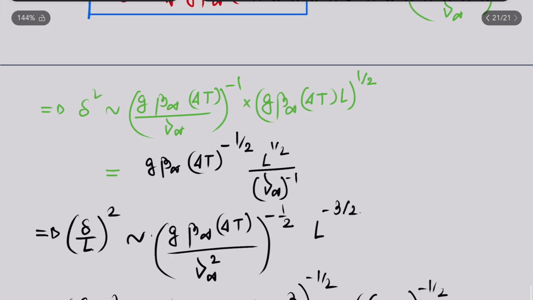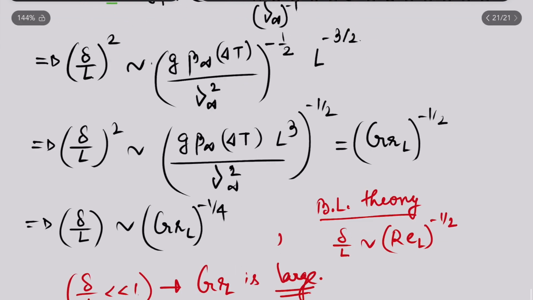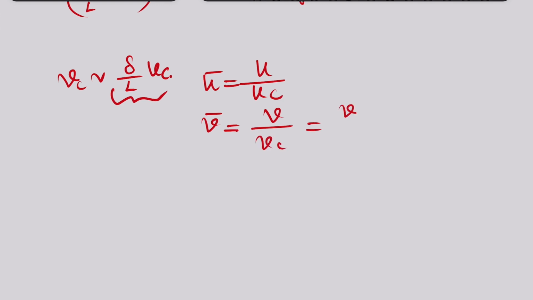Okay, so here this is our UC. Okay, and our VC should be delta by L into UC. This should be our VC. Okay, so that everything becomes of the order of 1. Okay, everything becomes of the same order. So we use U by UC, and V bar is V by VC, and V by VC is this one.